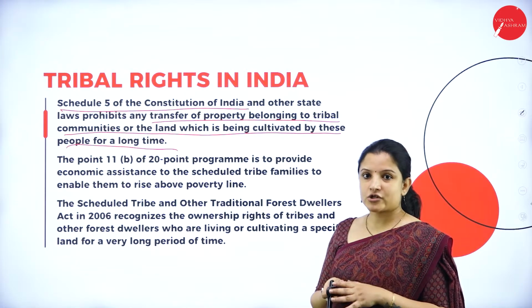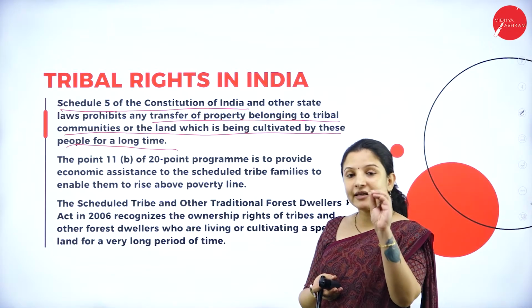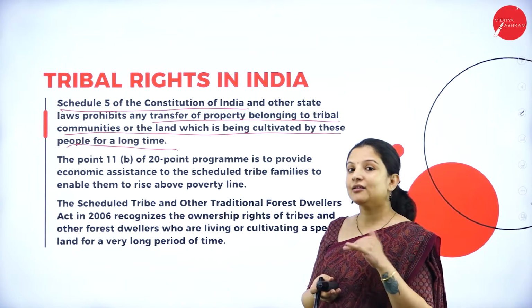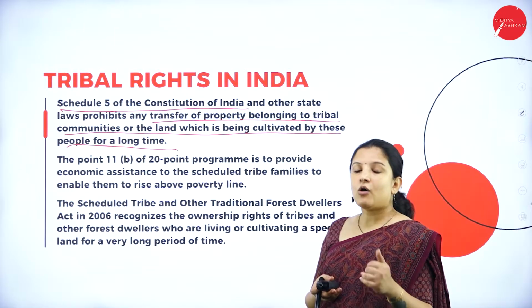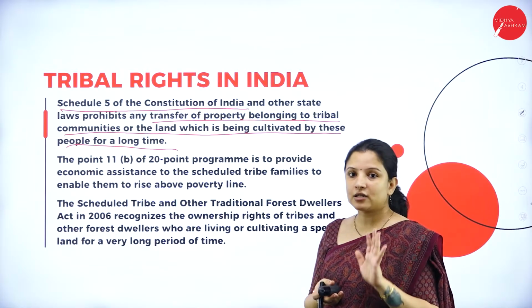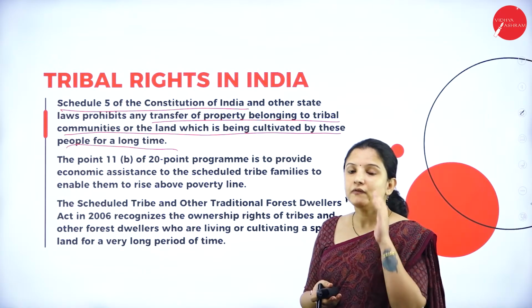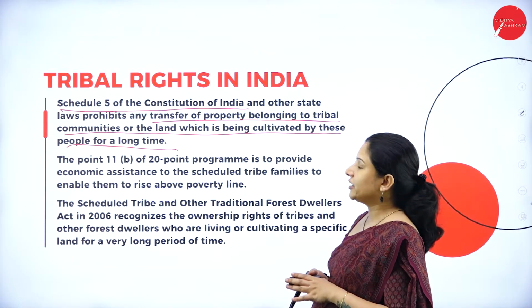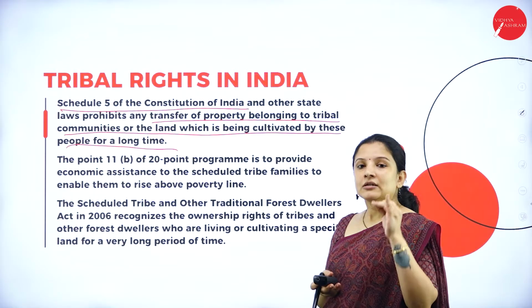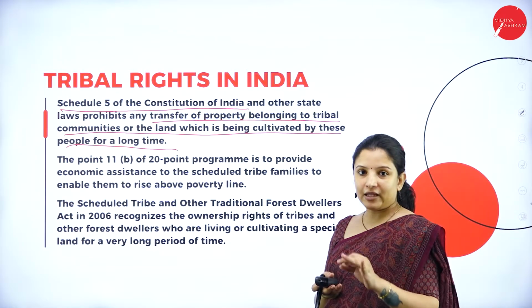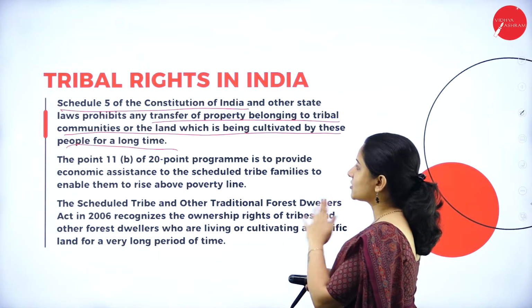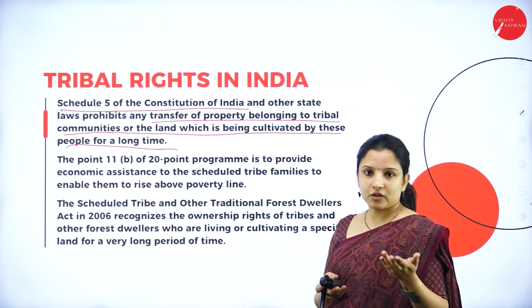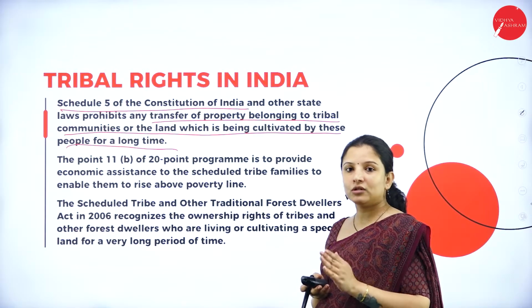They will just brainwash them and give them very little money for the property, and they will buy the property from them either by paying very little money or by hook or crook, because the tribal people will not have much knowledge. So that is why Schedule 5 of the Constitution of India has made a law wherein tribal people owning a piece of land or property cannot transfer the property or their agricultural land to any other people for a long time. So this is the rule that they have made.